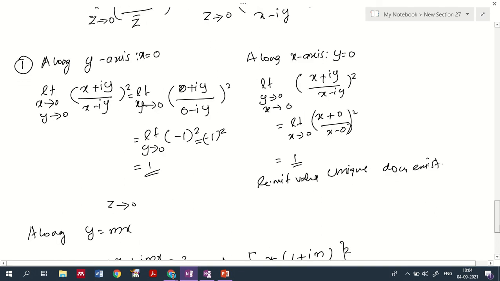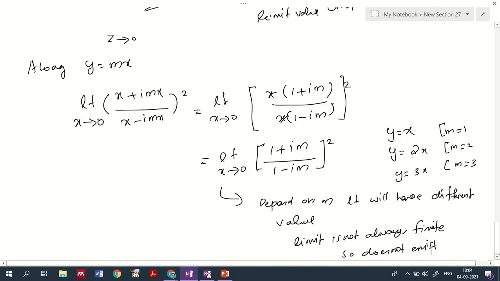Instead you have to check another way, that is with another slope, y equal to mx. If in that case the function is again finite and unique, then you can say that the limit exists. Here we observed that the limit does not exist. That is the one important aspect you have to note down whenever you check the existence of any limit.